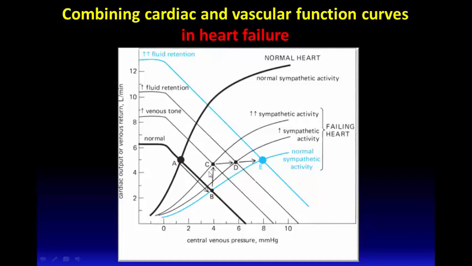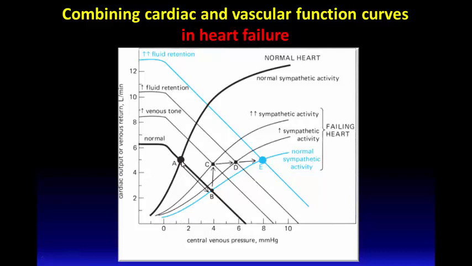This is the cardiac function curve when the heart is normal, and this is the venous return curve when the heart is normal, and A is the equilibrium point where the cardiac output and the venous return are equal and are approximately 5 liters per minute, and the right atrial pressure is approximately 1 or 1.5 millimeters of mercury.